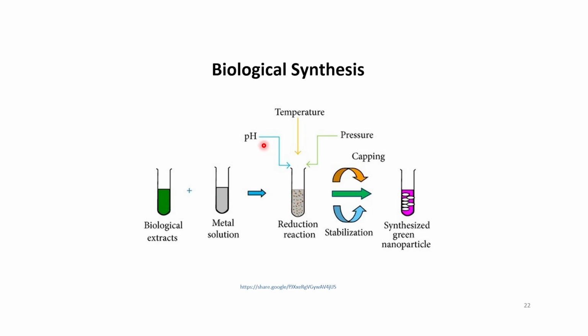Then at a particular pH, temperature and pressure, a reaction happens between the biological extracts and the metal solution, a reduction reaction. So nanomaterials are basically formed upon reducing this metal solution. Then you put a capping reagent into it for stabilization.